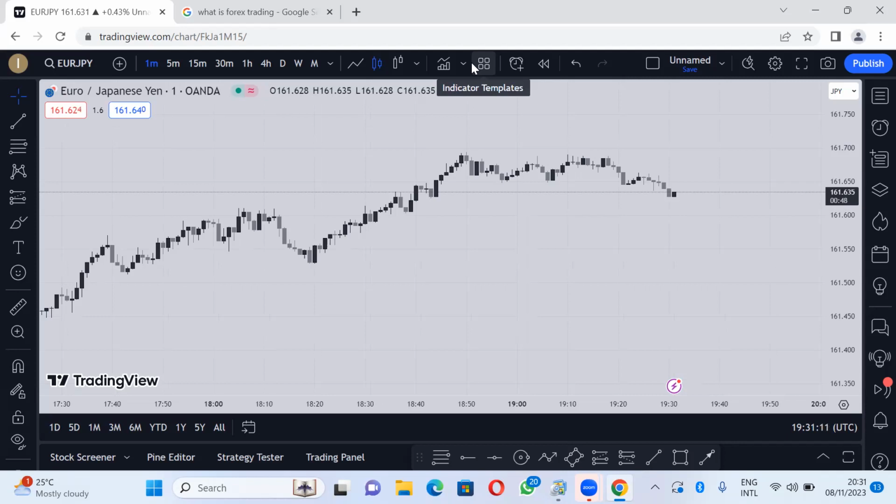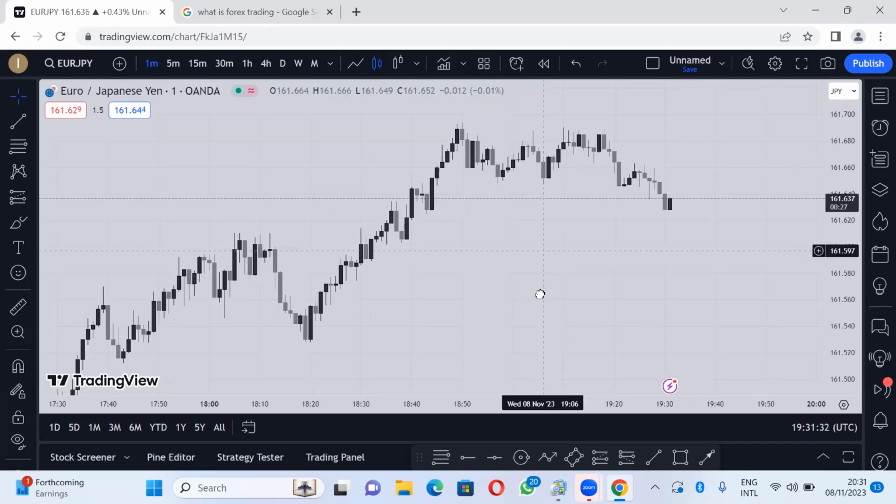Whenever you see EUR, we're talking about the euro. When you see USD, of course everyone is familiar with that, we're talking about the US dollar. When you see GBP, we're talking about the Great British Pound. And when you see JPY, we're talking about the Japanese yen.